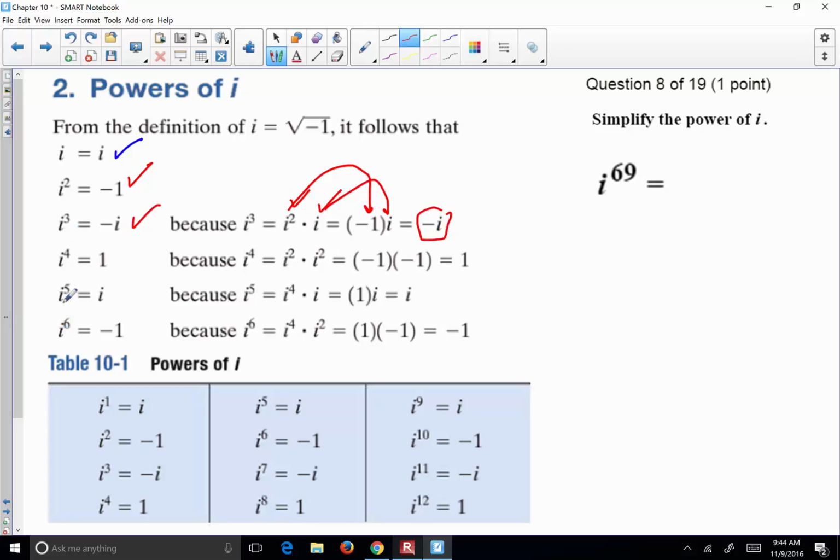Got it? i to the 4th is the product of i squared and i squared. Each is -1 and it totals to +1. i to the 4th is 1. i to the 5th is i because it's i to the 4th times another i, and i to the 4th is computed as 1, so it turns into i. And i to the 6th is -1 again because it's i to the 4th times i squared, etc., etc.